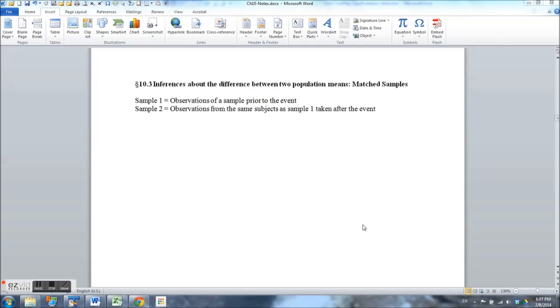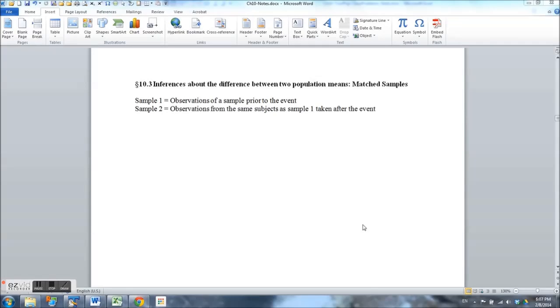Observation 1 is made prior to an event from a sample subject, and observation 2 is made from the same subjects as sample 1 after a given event. For example, suppose you want to test the efficacy of a diet program.